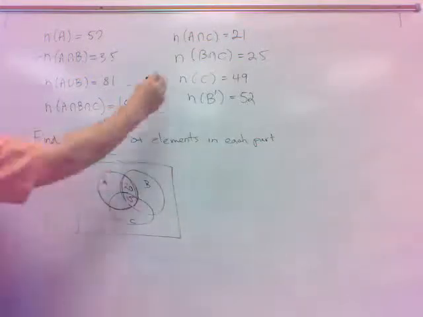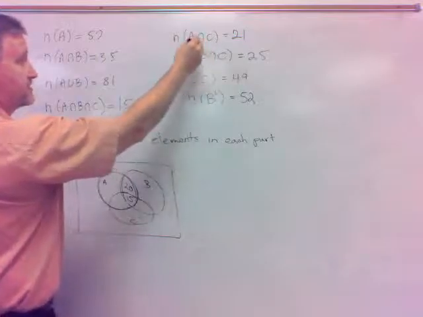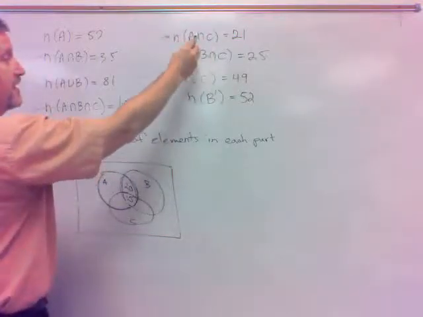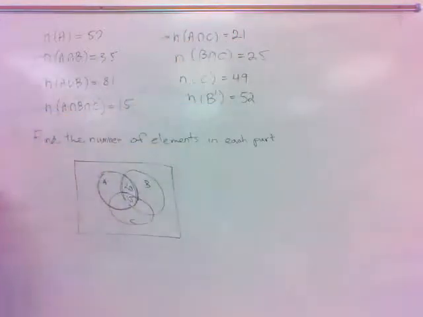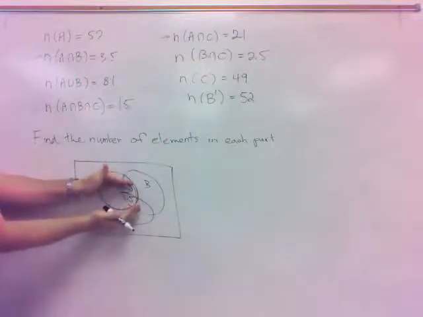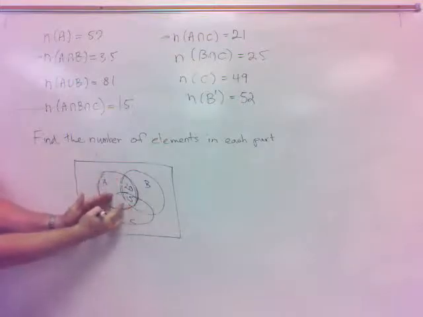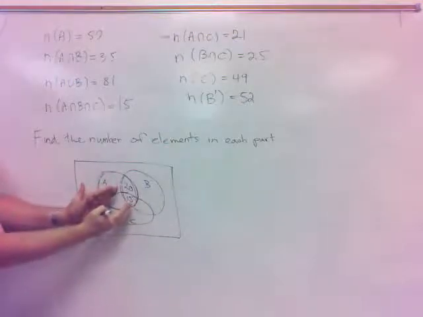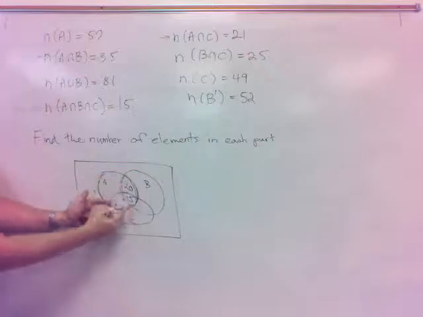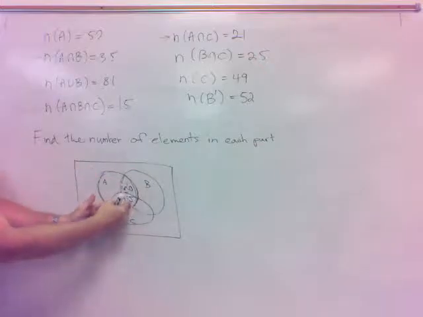But I can go to more of these intersections here, right? I can go to this one now. A intersection C is 21. That's the overlap of A and C, which would be right here. These two right here are the overlap of A and C. Don't forget that part. So that totals 21. 15's here, so that must mean 6 here, right?